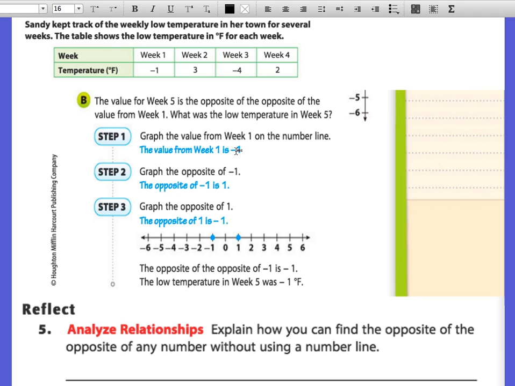Well, the opposite direction of left is right, but then I want the opposite of that, which is left. Well, isn't that where I started in the first place? So I know this is kind of confusing. It'll make more sense as we go, but the opposite of the opposite is always the number itself.